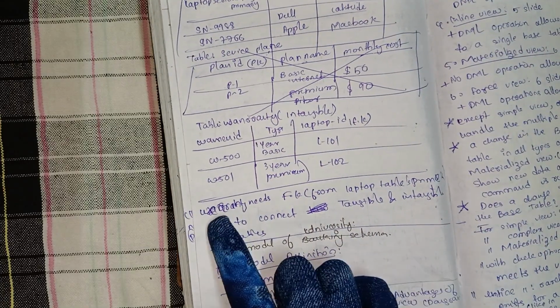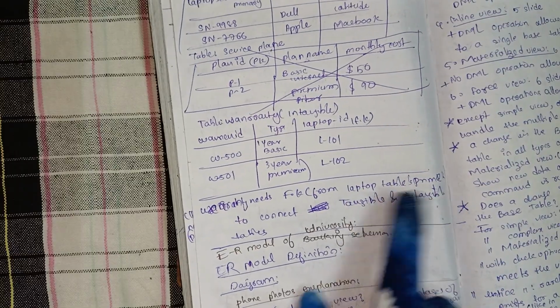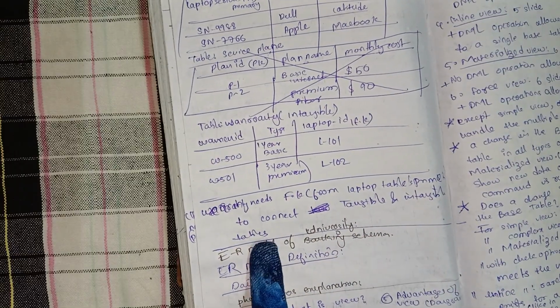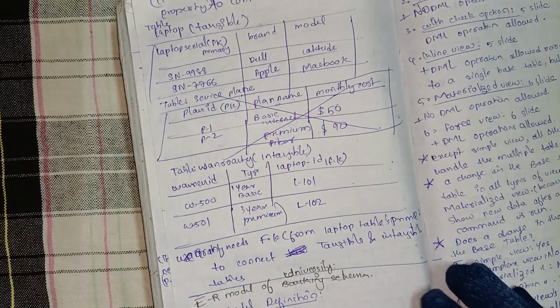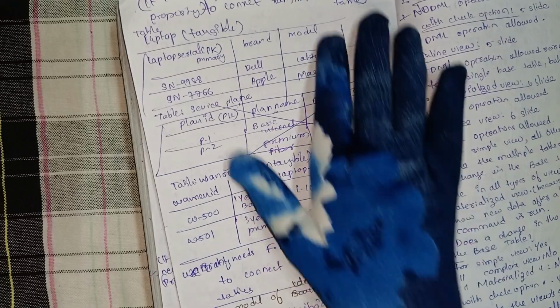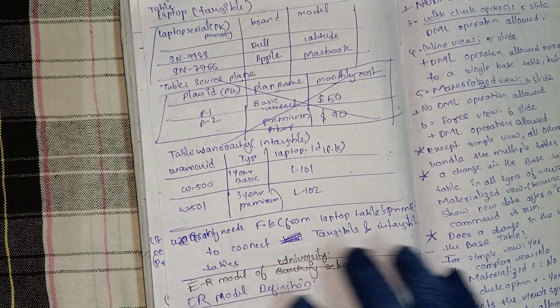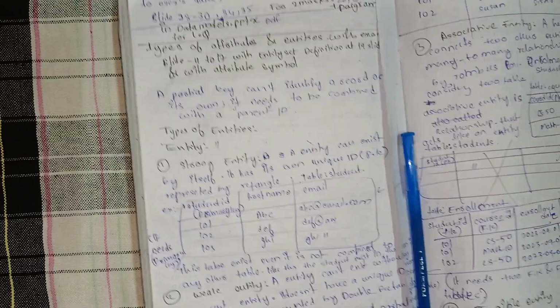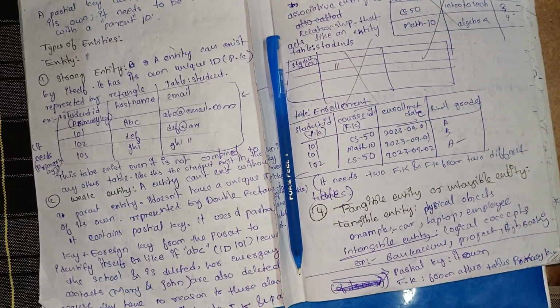Warranty needs a foreign key from the laptop table's primary key to connect tangible and intangible tables. That's why a foreign key and primary key are needed. Okay, that's all for this tangible and intangible entity.